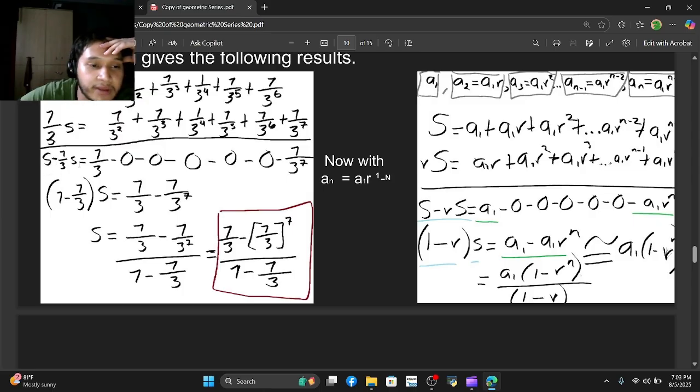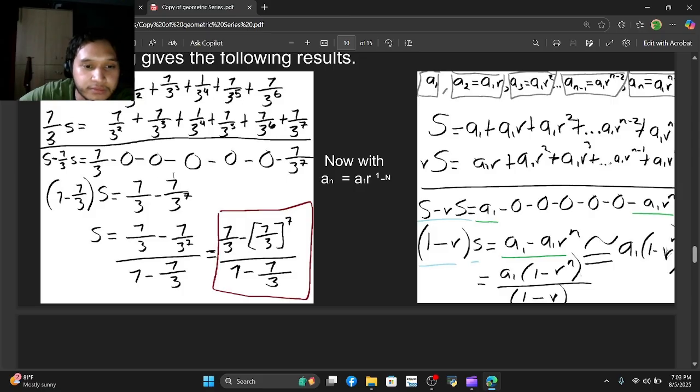So s minus 1 divided by 3 times s will be equal to 1 minus 1 divided by 3 times s. As you can see, we have the same, because 1 times s is s, and negative 1 divided by 3 times s is this. So we haven't touched anything.